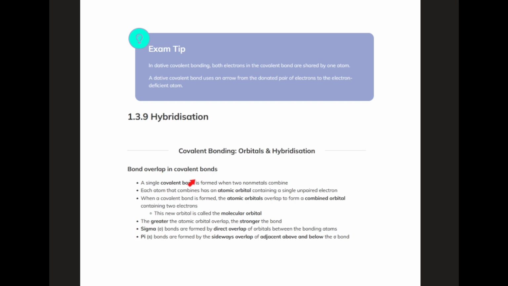A single covalent bond is formed when two non-metals combine. For example, two non-metals, let's say chlorine and chlorine. They combine. They form a single covalent bond. They share electrons.